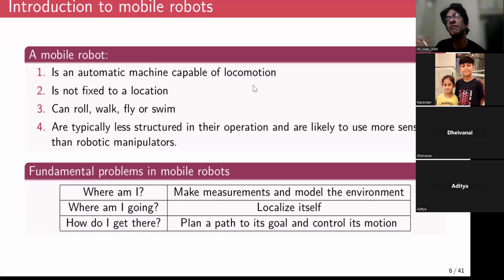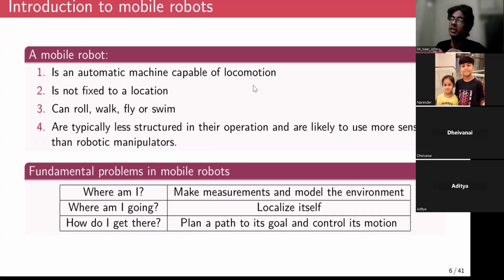Either you can give a map to the robot, so that the robot can download or already have the map preloaded, or there are cases where it can create its own map on the go. As it is exploring the environment, it keeps updating and improving its map. So two approaches are possible.